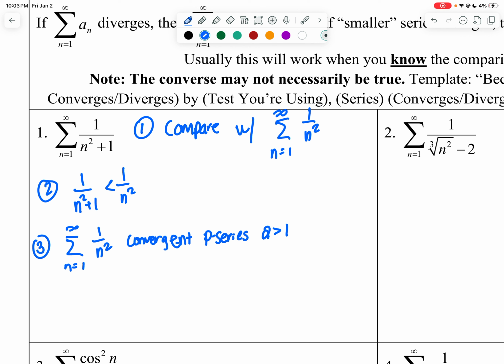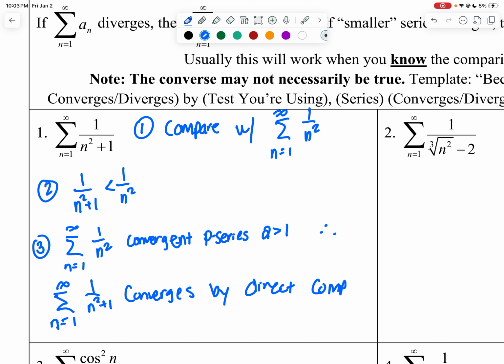Therefore, our original series, n is equal to 1, of 1 over n squared plus 1, converges by direct comparison test. Now, I would prefer you guys to not abbreviate DCT, but that's my thing right there. Please don't abbreviate.